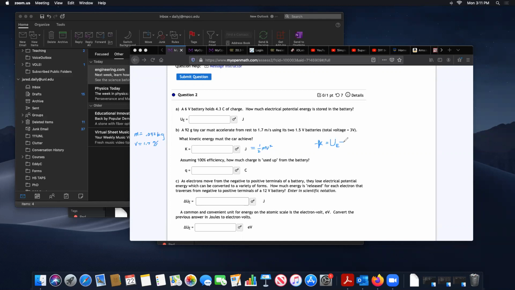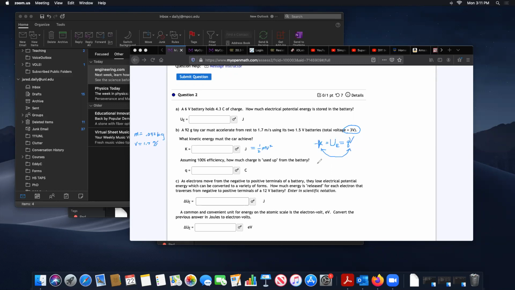But this is also equal to Q, the amount of charge, times the potential difference. And that potential difference is right here, 3 volts. Right? And so if we know what the kinetic energy is, which we do from the first part of part A, then we can set the kinetic energy equal to Q times V and solve for Q.